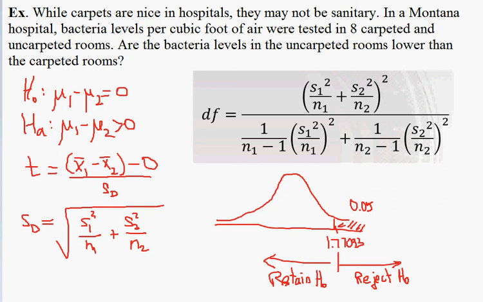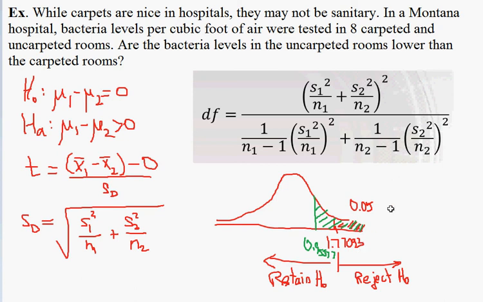Okay, that's one way of proceeding. The second way of proceeding is by looking at the value of t, which was worked out to be 0.95577. That falls in the area where I retain. And then the p-value would correspond to the area in green that's being shaded.